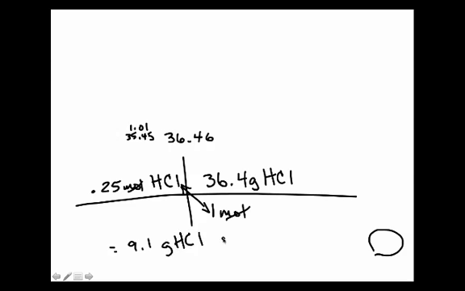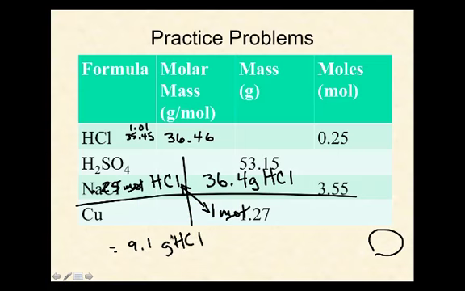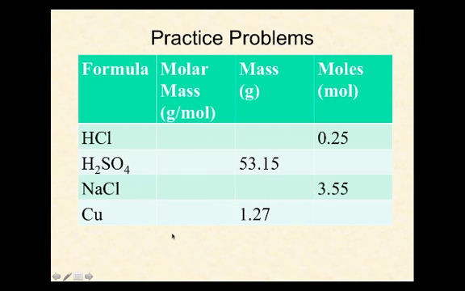Okay, so now that's going to have to go into our little table thingy. Practice problems. Okay, 9.1 grams for every 0.25 moles of HCl.